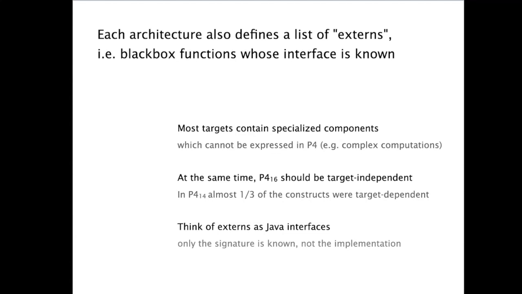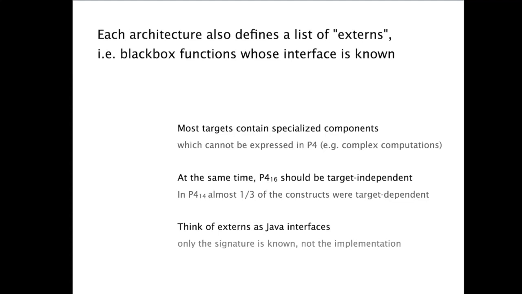Another thing which is very relevant in practice is the notion of extern. What is an extern? It is essentially an extra building block that you can call from your P4 code, but you don't need to implement that block. It's typically an external functionality, and the only thing you can do is interact with it as a black box, but you cannot program it in any way.